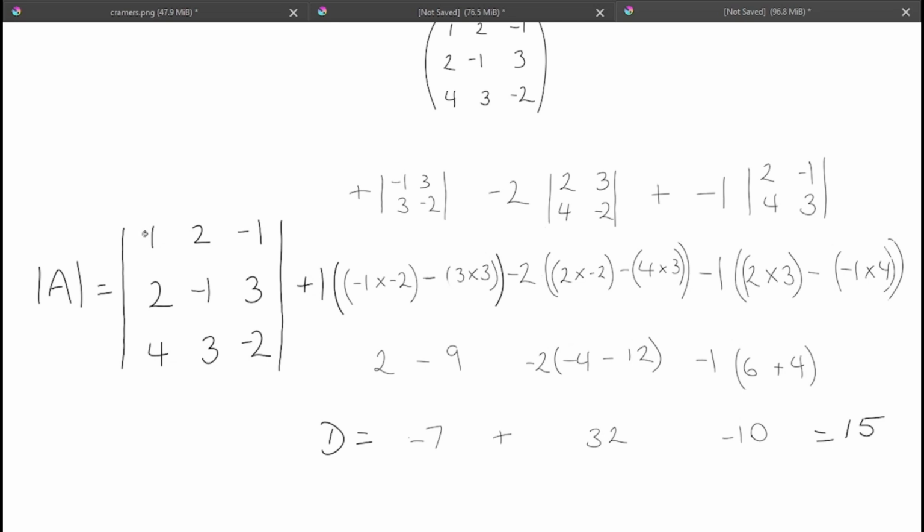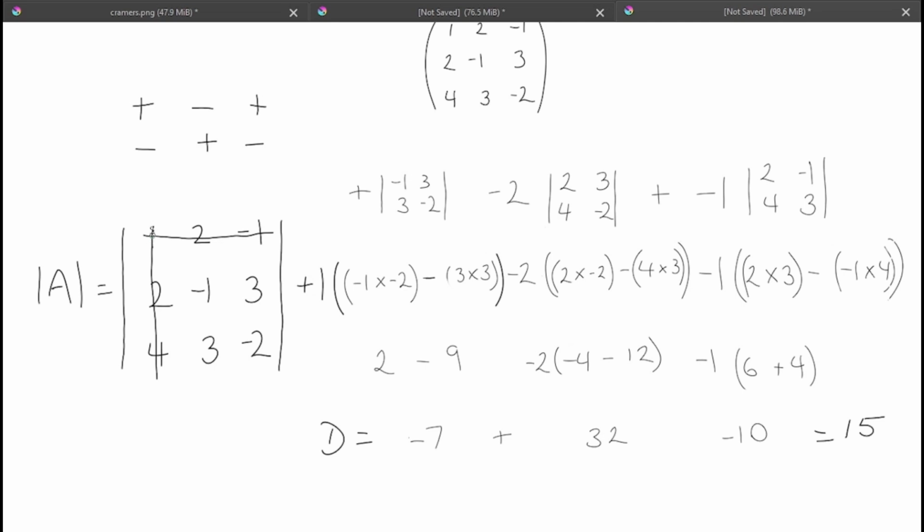So you're basically taking the first row and blocking it off, and taking the first column and blocking it off, right? Because that's where 1 exists. And it will be plus, minus, plus, minus, like this.